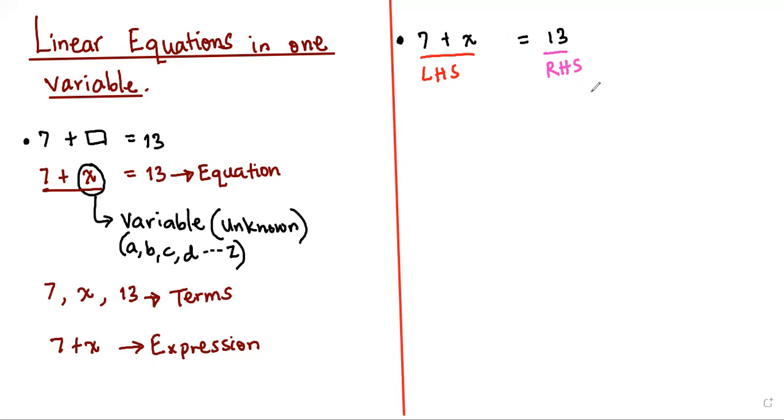So if these two sides are equal, then we call that one an equation. But if they are not equal, then we call it an inequality. Do you understand that, students? Yes. When we have an equal sign, we call it an equation. But if we find that the left-hand side is not equal to the right-hand side, then it is not an equation. It is an inequality. Okay, I hope that is very clear.